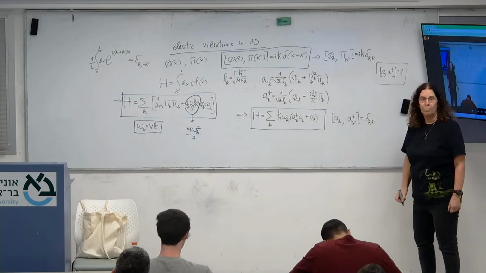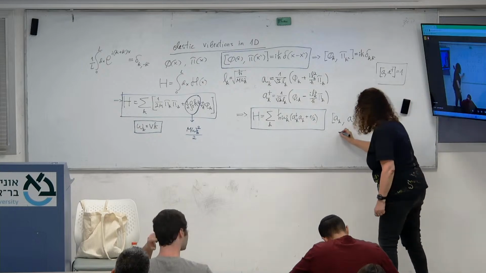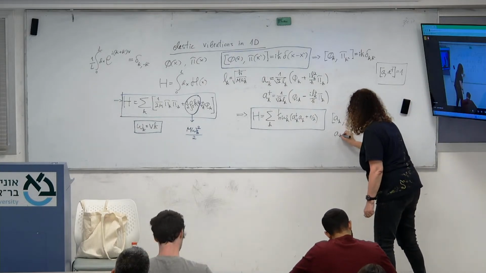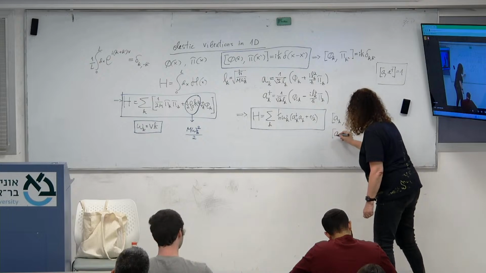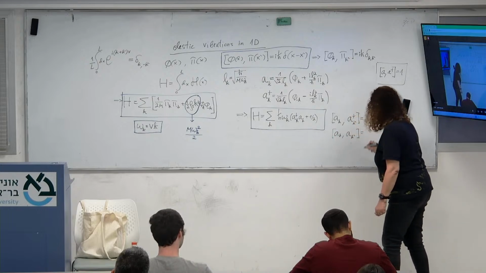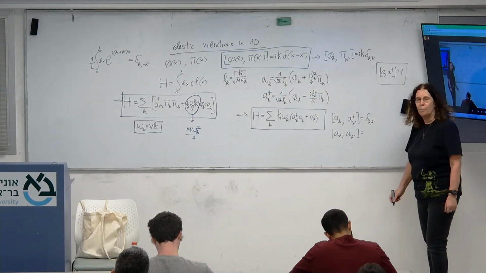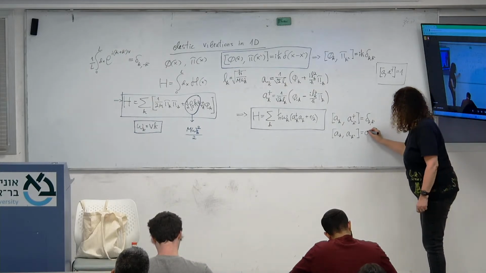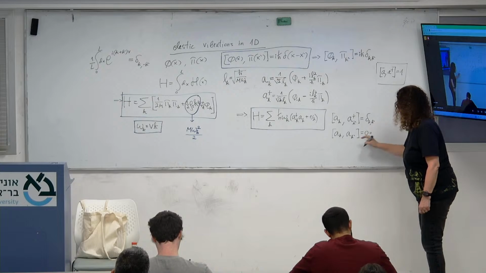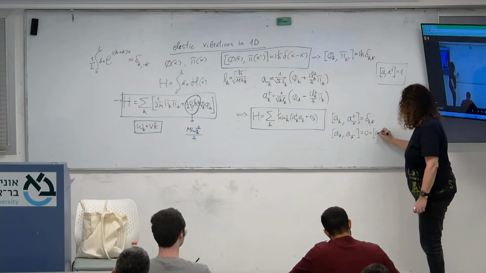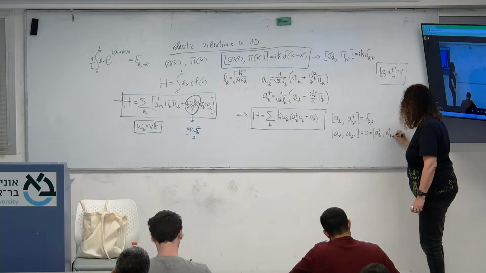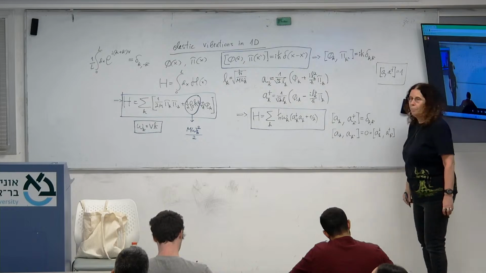And there's another thing that you can show directly, and here it's a bit less trivial than the single particle case. What is this? 0. This is 0, and of course, if this is 0, it's also true for its dagger. So I put dagger on both of them. It's also 0.